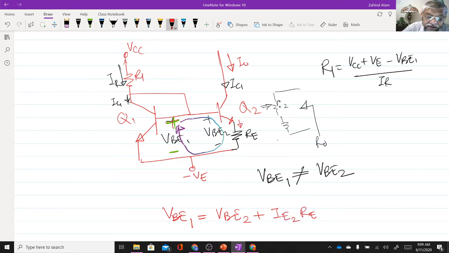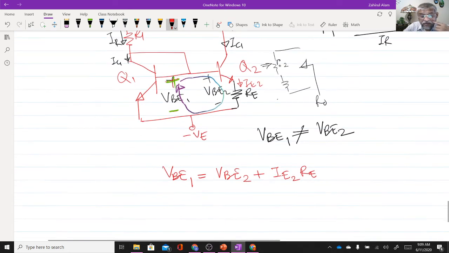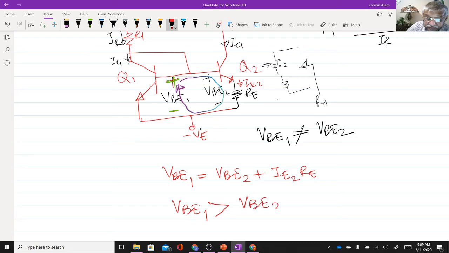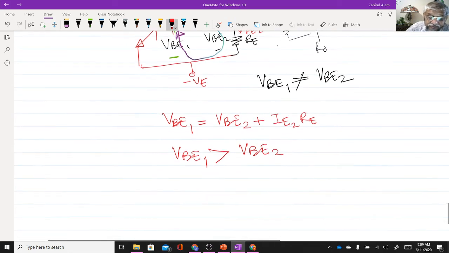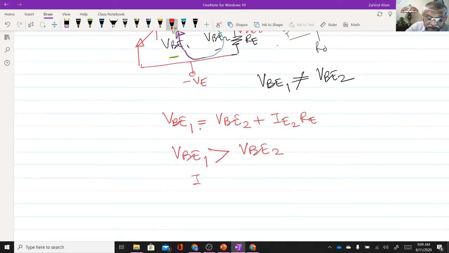So this is IE2. So it shows that VBE1 is greater than VBE2. So that means our base current IB1 is greater than IB2. So therefore IC1 is greater than IC2.